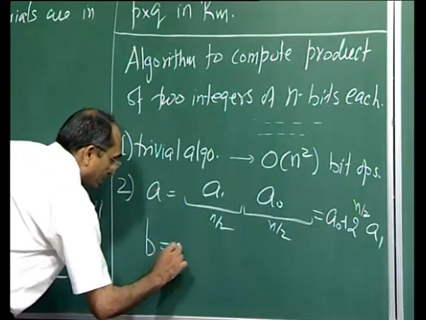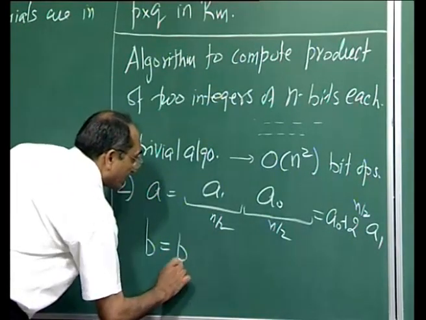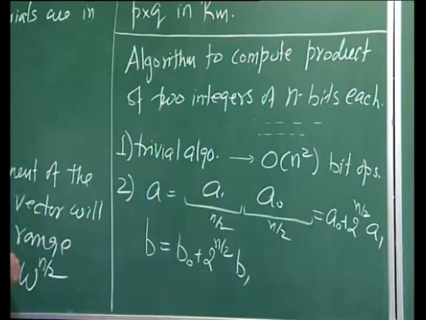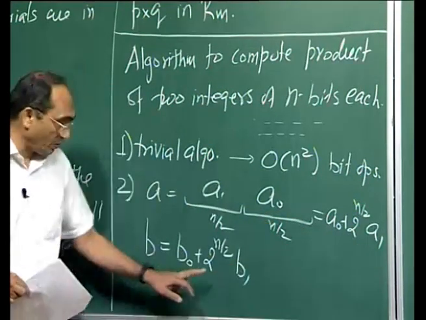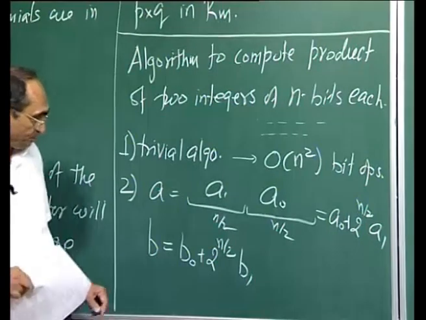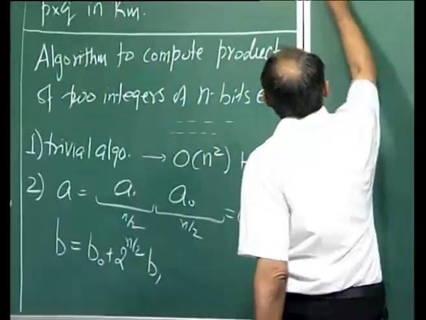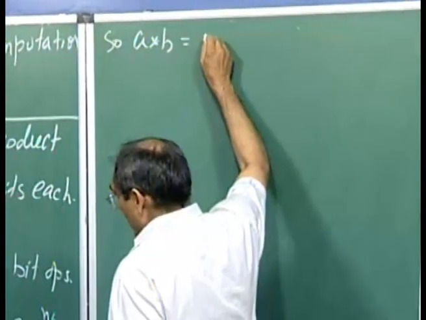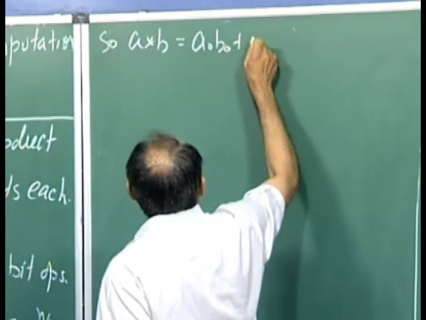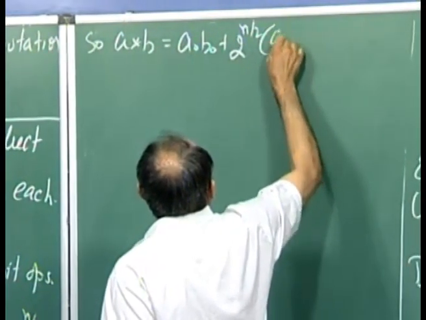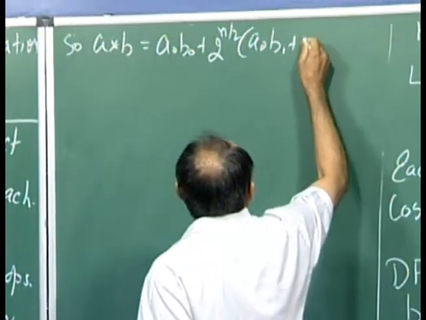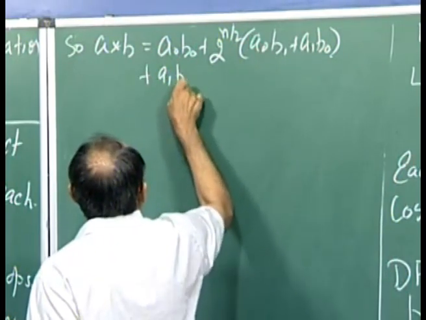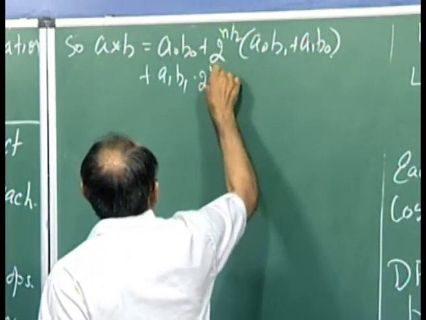Similarly, we will have B0 plus 2 to the power n by 2 B1. All these numbers A0, A1, B0 and B1 are n by 2 bit numbers. Then A times B is A0 B0 plus 2 power n by 2 times A0 B1 plus A1 B0, plus A1 B1 times 2 power n.